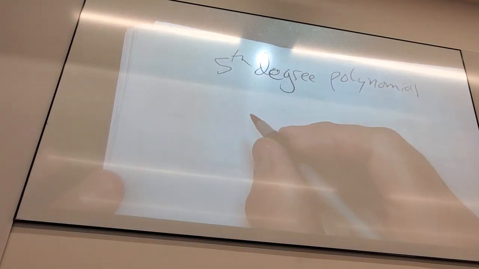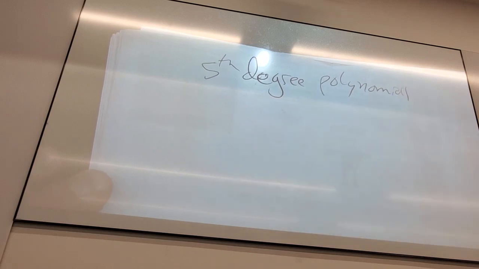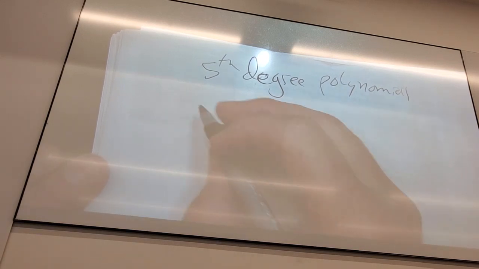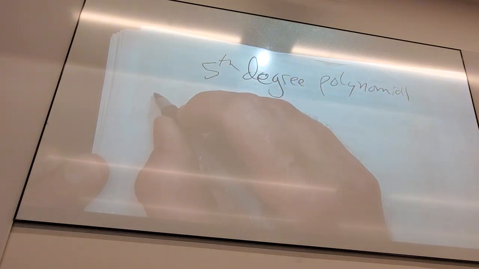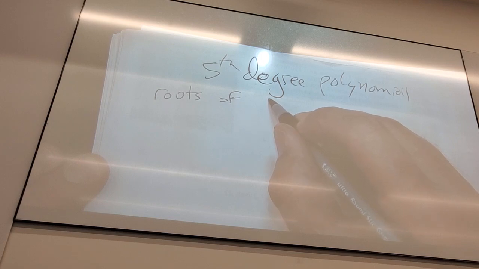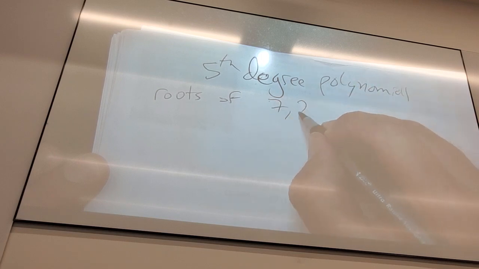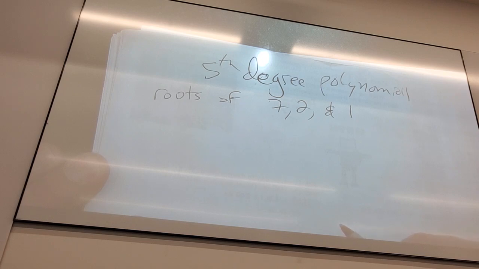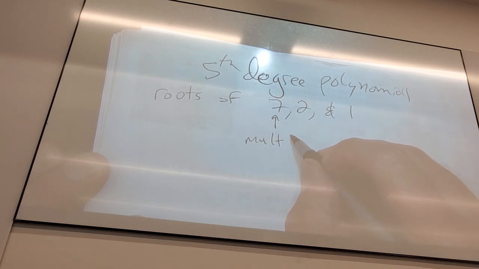It's got roots of 7, 2, and 1. And this happens with multiplicity, let's say, 3.